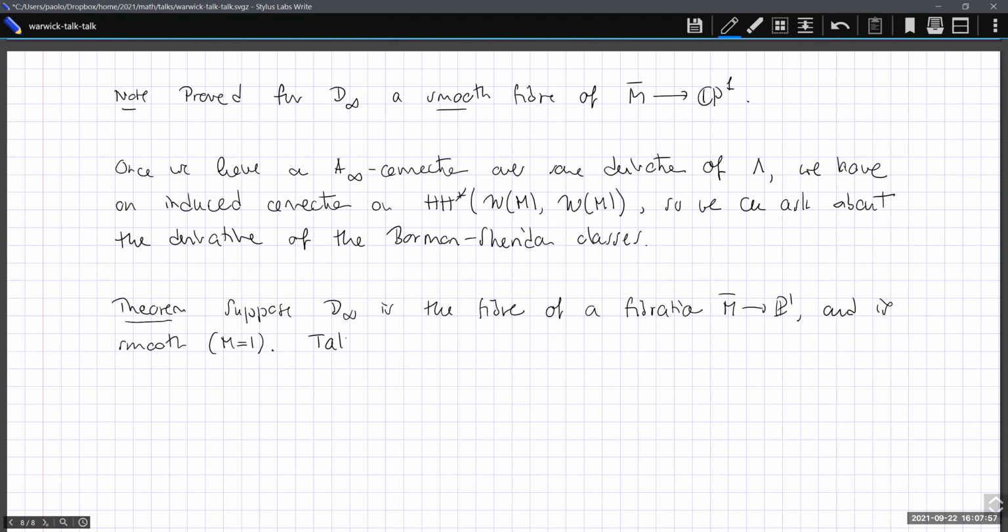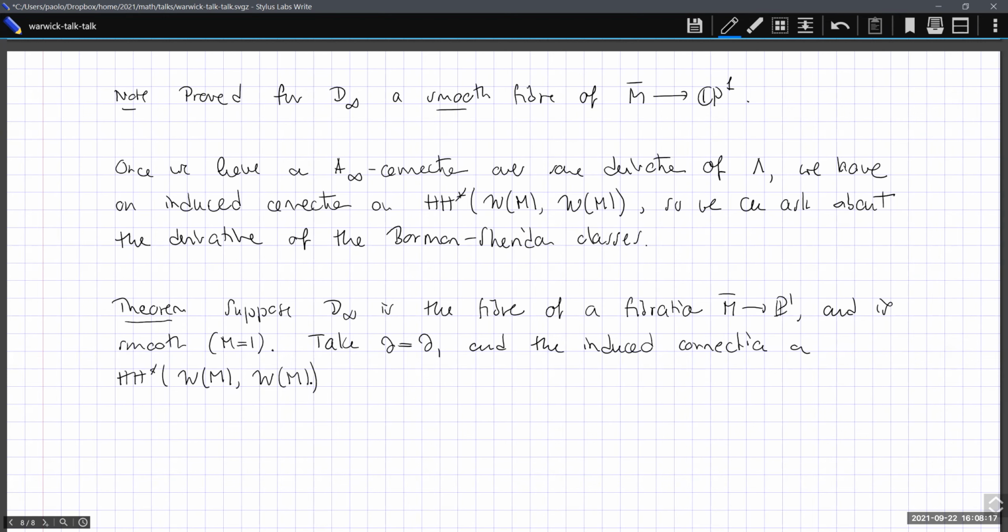Take what I called D, just before that I called it D1, and the induced connection on the Hochschild cohomology of the wrapped category.